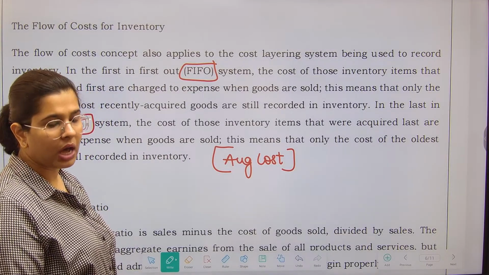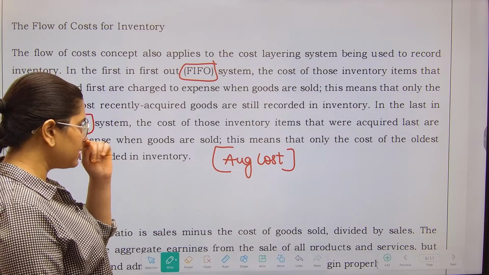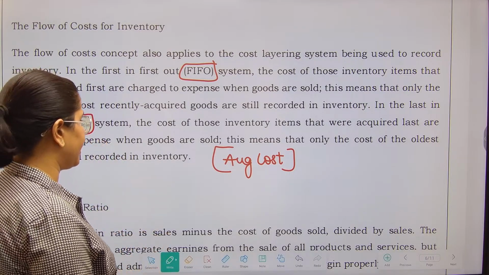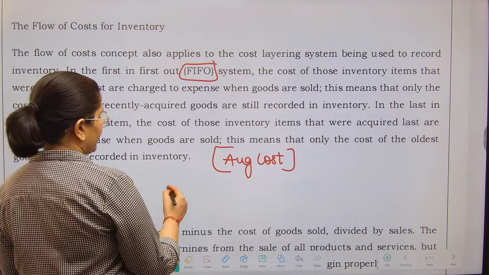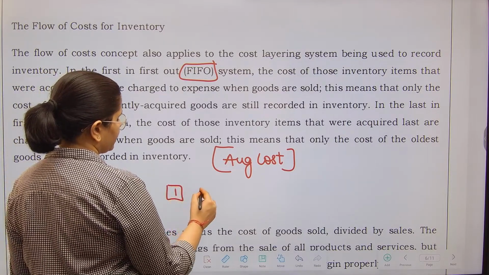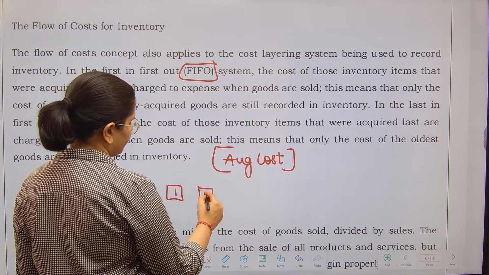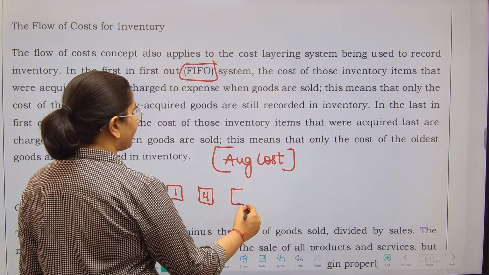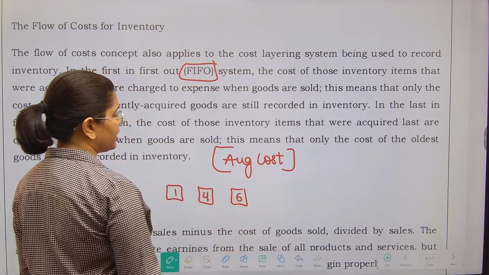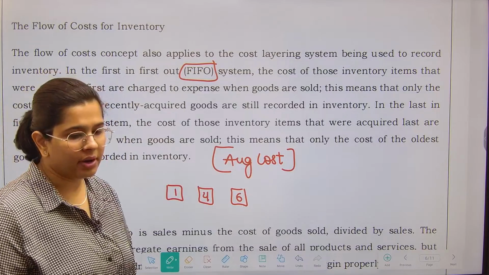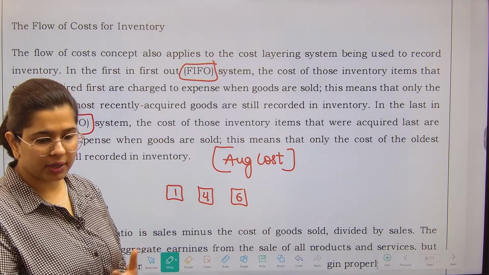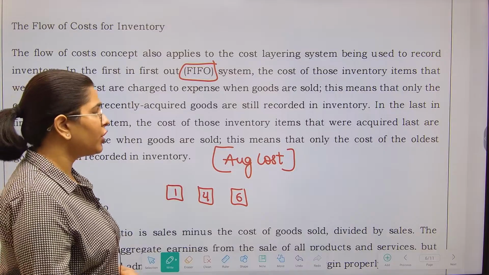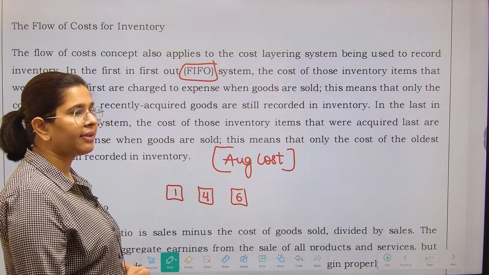Now let's talk about how this functions. Suppose, let's think about medicines, right? So I have a medicine that has been manufactured in the first month, then a medicine manufactured in the 4th month, and then a medicine manufactured in the 6th month, right? Whenever a customer orders a medicine, which medicine shall I give first?